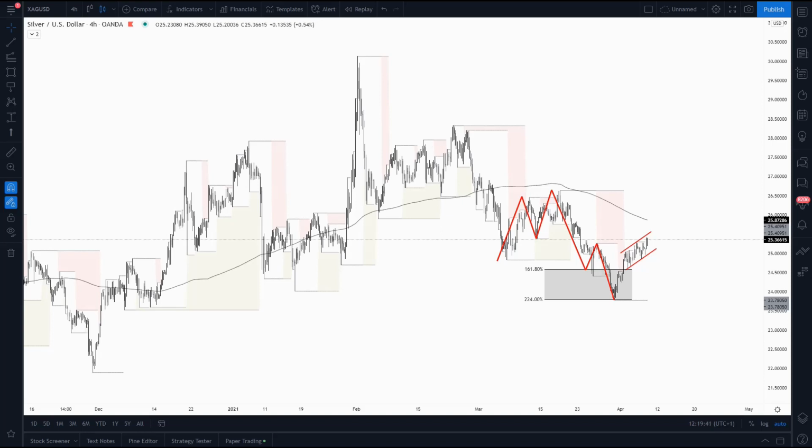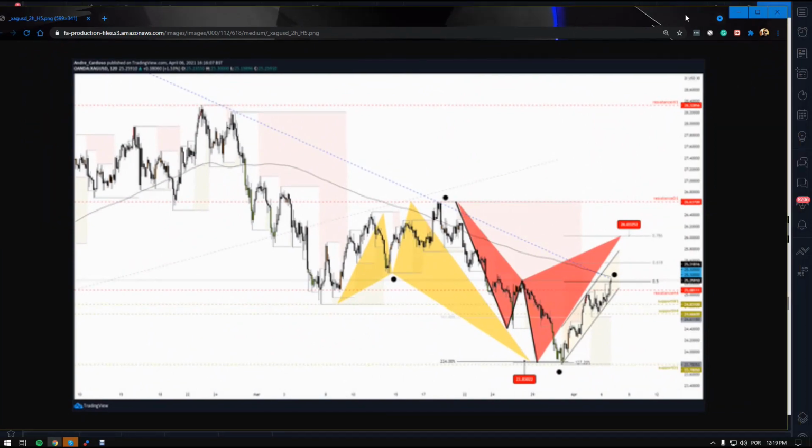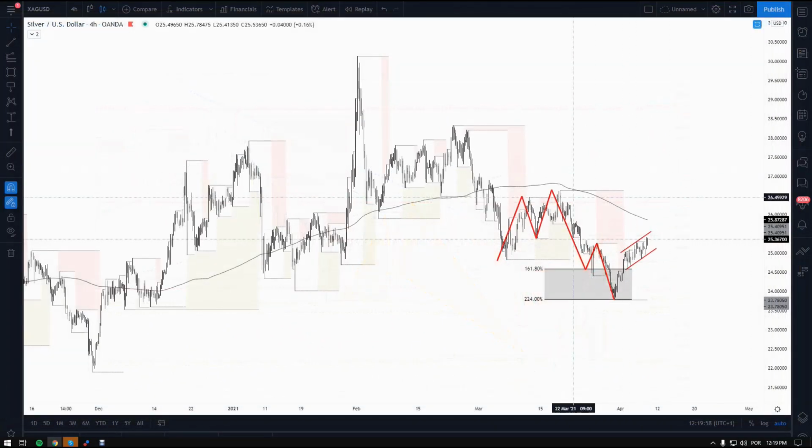Silver harmonic patterns, open new. It's so annoying, this chart. That was the cipher pattern that I shared yesterday with you.